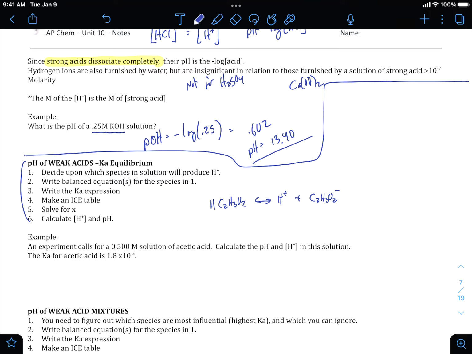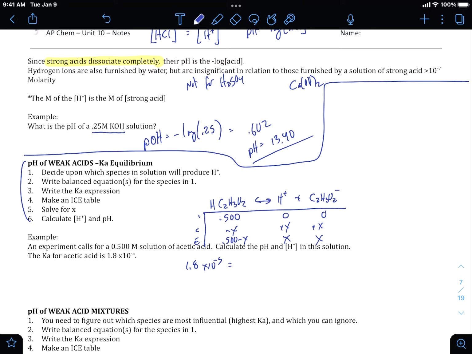But nothing really would change because we know H3O plus and H plus are considered the same concentration. So what do we have? We got a 0.5 molar, and the Ka is known to be 1.8 times 10 to the negative fifth.